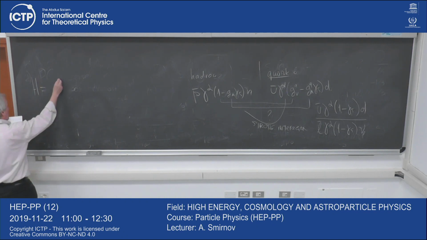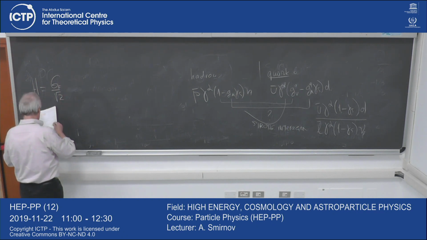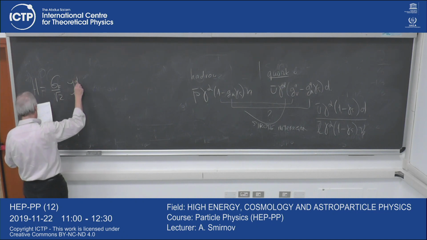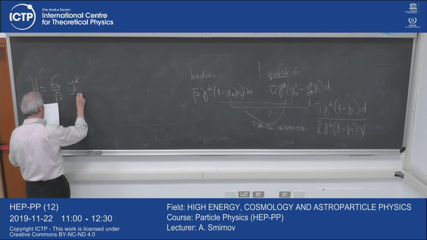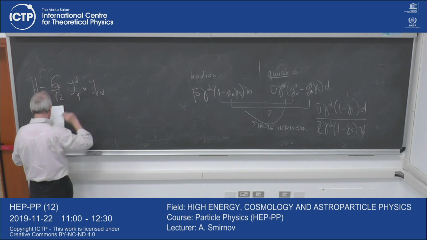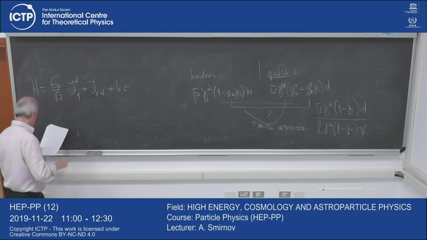Hamiltonian equals G Fermi over square root of 2, times the quark current J alpha, multiplied by the lepton current J lepton alpha, plus Hermitian conjugate.